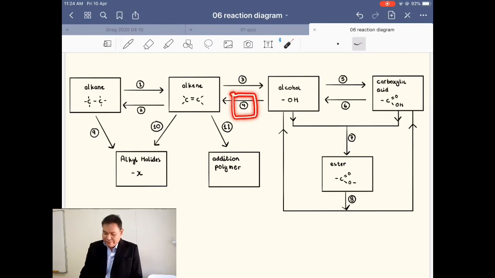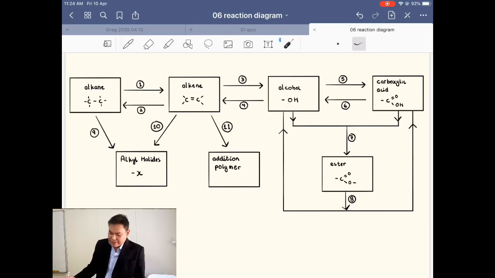Number 5, from alcohol to carboxylic acid, is not called a catalyst, it's an oxidizing agent, and you have 2 oxidizing agents, KMnO4 or K2Cr2O7. If you use KMnO4, color will change from purple to colorless. If you use K2Cr2O7, the color will change from orange to green.